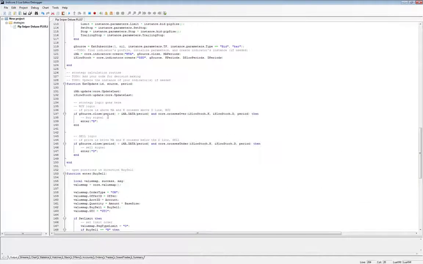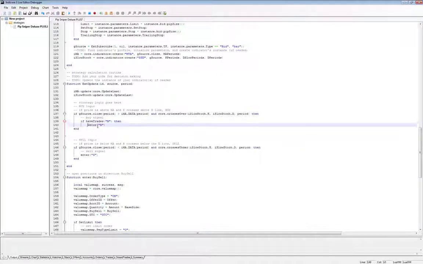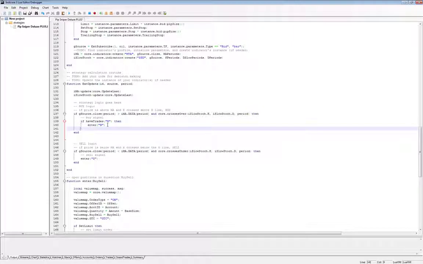So inside our buy logic, before we place a buy trade, we want to see if we have any buy trades already. So if have trades, specifically, do we have buy trades, then place a buy trade. So this logic states if we have buy trades, then we can place a buy trade.